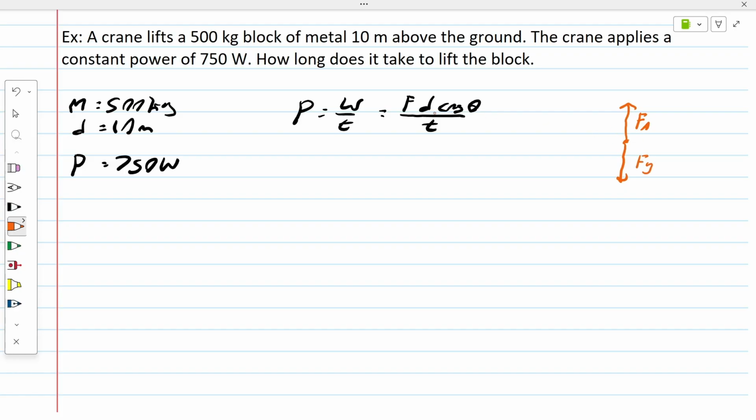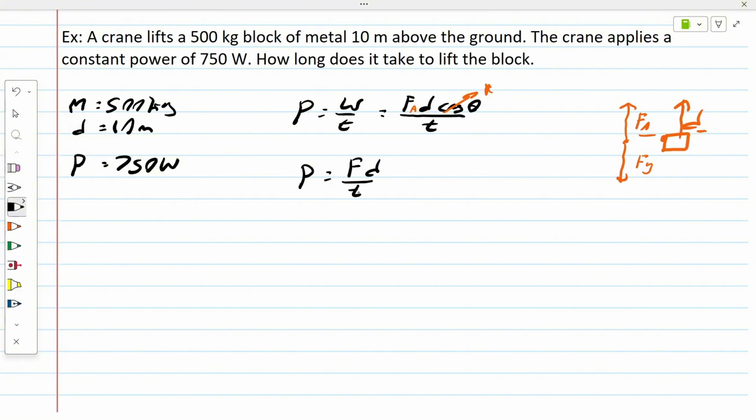That's what's causing the power. So this is going to be the applied force. And since the block, let's say we have our block here, is moving in this direction, the force and distance are in the same direction and they're parallel, so this cosine of theta will just go to 1, since theta is 0. So we can rewrite our equation as power equals the force times the distance over time.